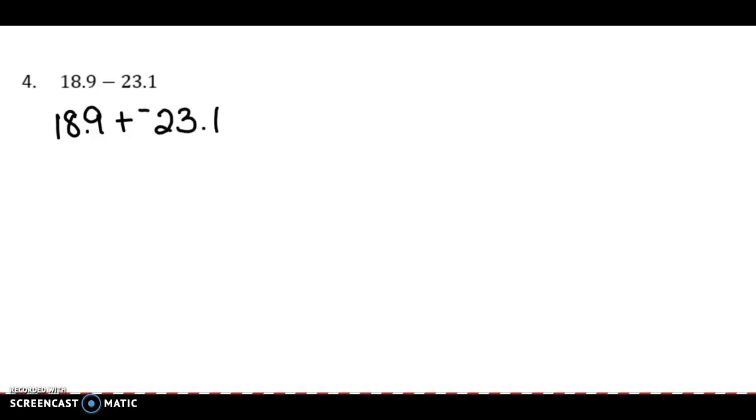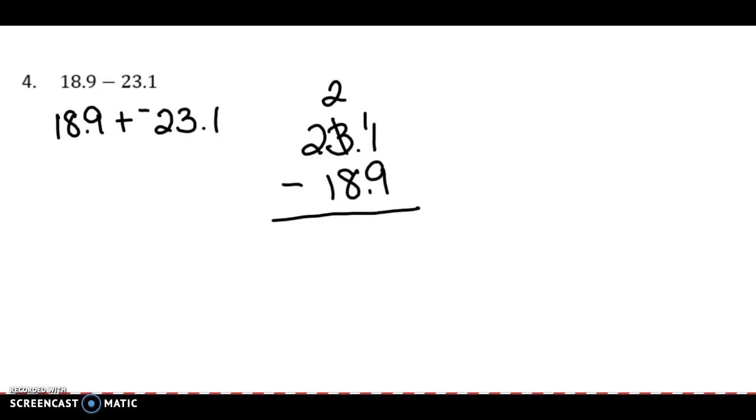But like I said earlier, if you're going to subtract to get an answer, you need to put the bigger absolute value on top. So we need to set this up like this, 23.1 minus 18.9. And I'm subtracting because they do have different signs. 18.9 is positive. I'm adding a negative number to it. So subtract, keep the sign of the higher number.